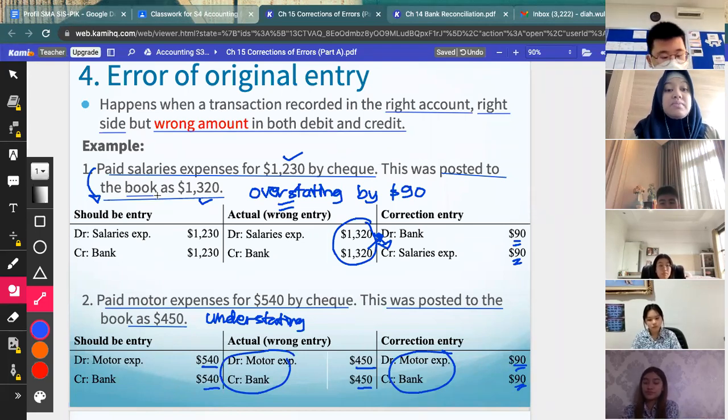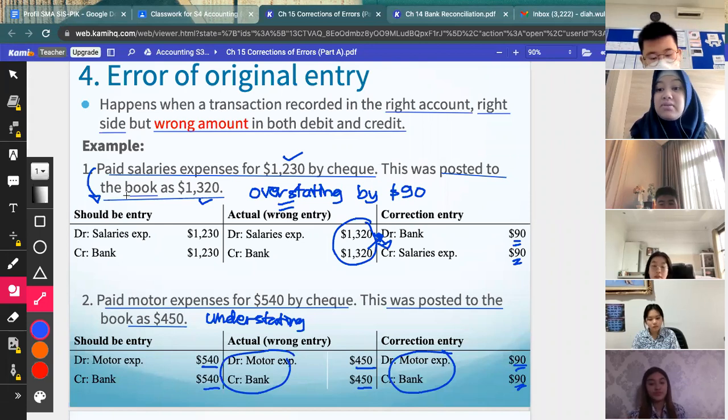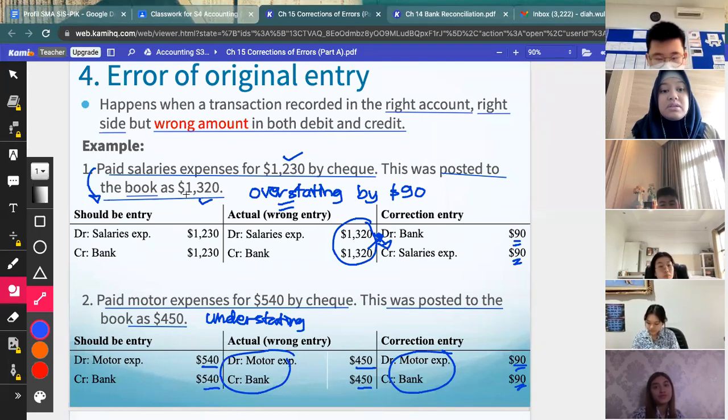When it says this was posted to the book, it means both debit and credit are wrong. It is different when it says this was posted to the cash account by so and so, which means only the cash made the mistake, not the debit or credit. But when it says it was posted to the book, it means both debit and credit are affected. It says it was posted as 1,320.